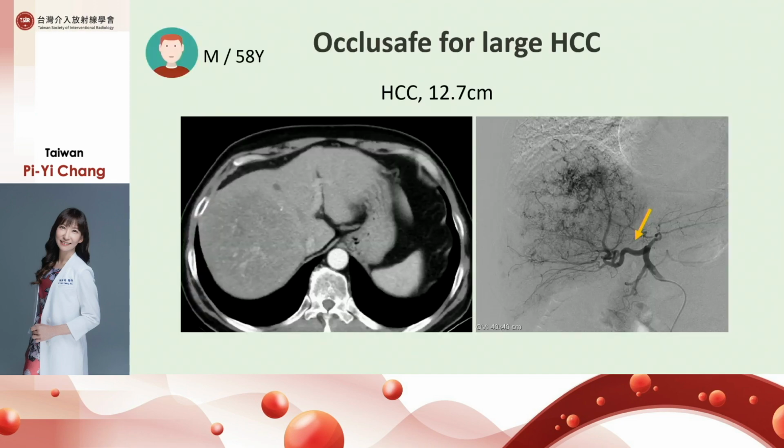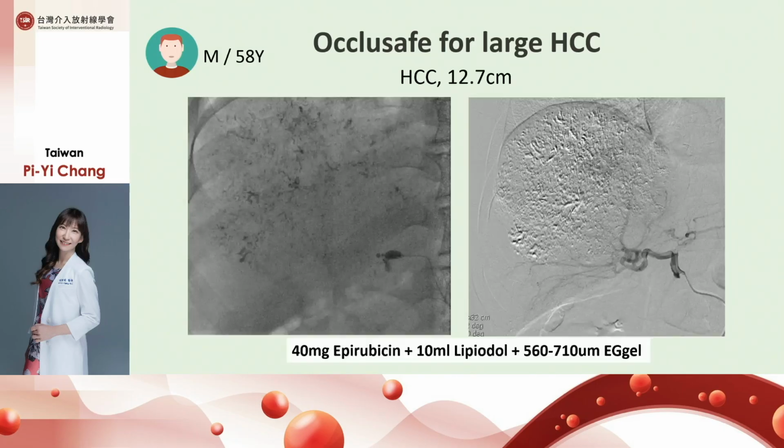Another case, a 58-year-old female. The HCC is up to 13 centimeters. It's quite large, and I think it's a little bit infiltrative. For this kind of case, I might put my occlusion at the proximal site, maybe only the proper hepatic artery, because there will be multiple feeders for this kind of tumor.